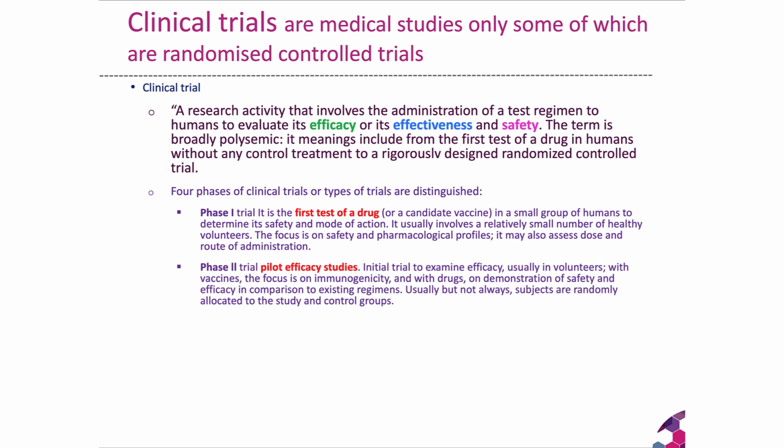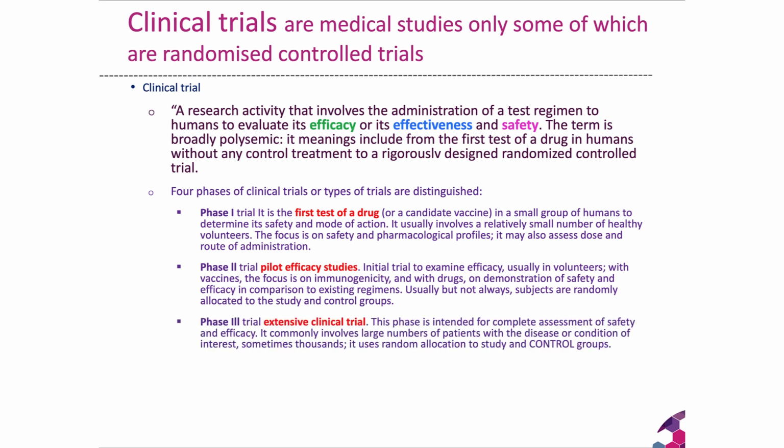Phase 2 trials are pilot efficacy studies, and they are the first attempt to look at the effectiveness of the drug treatment or vaccine, and it will continue to look at safety as well. But again, subjects tend not to be randomly allocated to an intervention group or a control group.